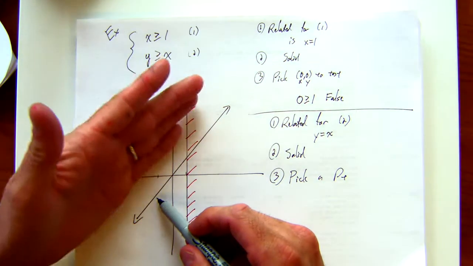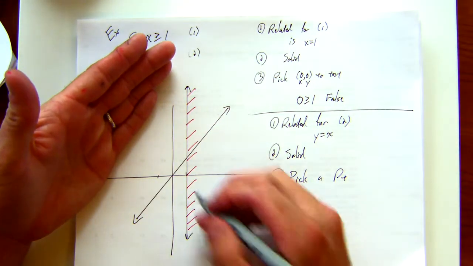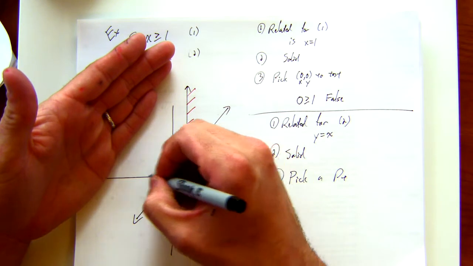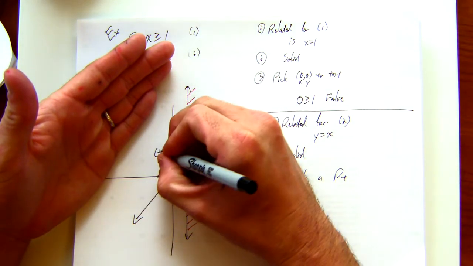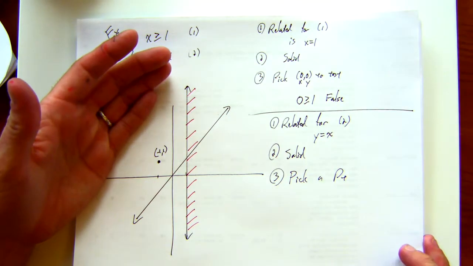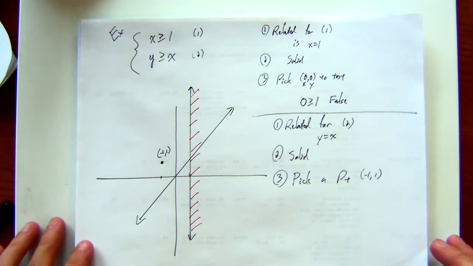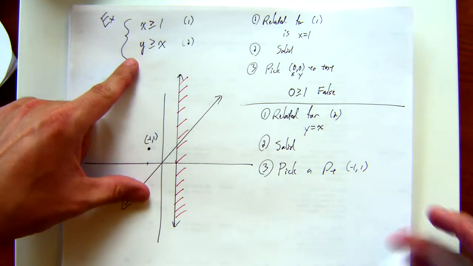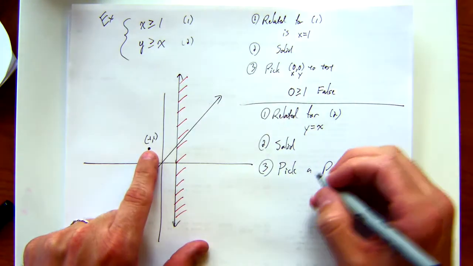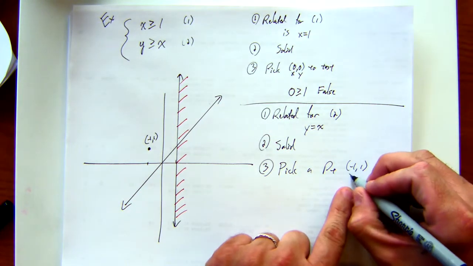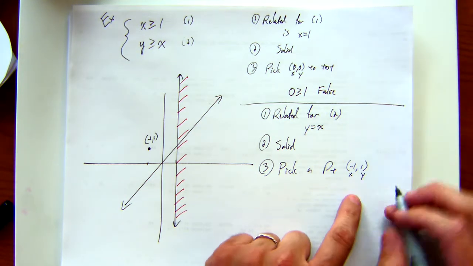So I need to pick either something over here or something down here. -1, 1. Is that okay? So pick -1, and you guys can pick any number you want. And I want to plug this in. Now, this is where you have to be careful. What is my x and what is my y here? X is my -1. Y is my +1.